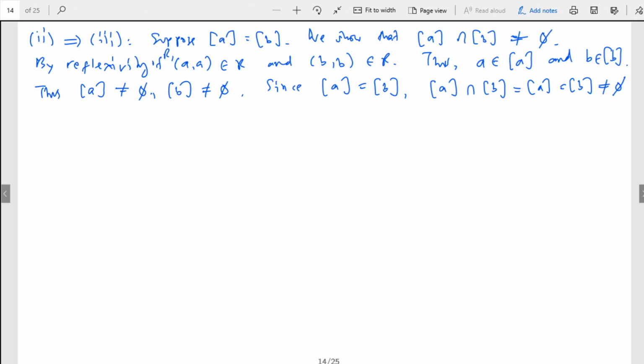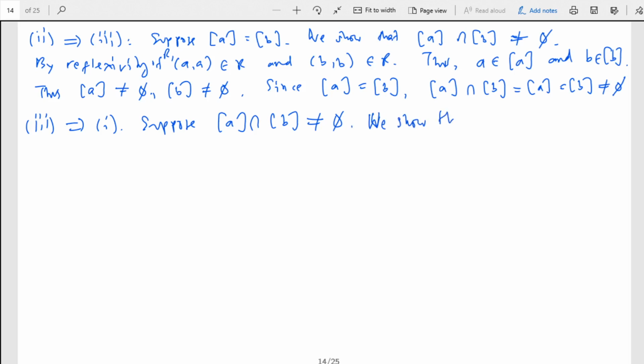Now, what about the third statement? Does it imply 1? Now we can show that. So suppose the intersection of the equivalence class of a and the equivalence class of b is not empty. Then we show that a must be related by R to b.